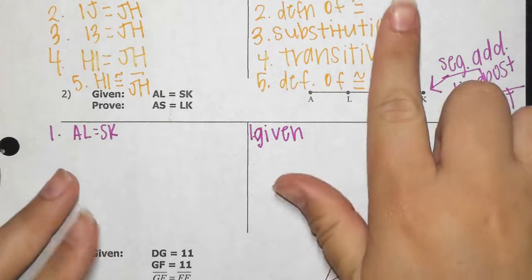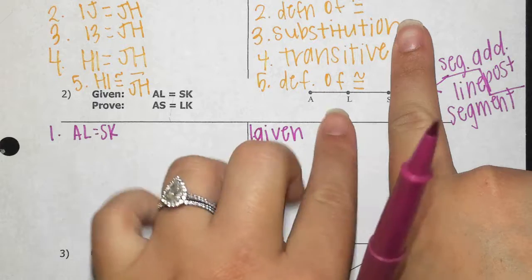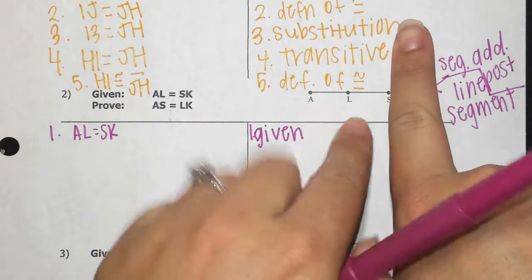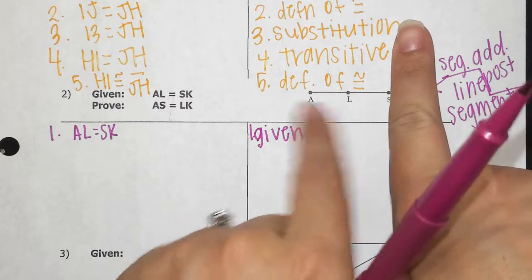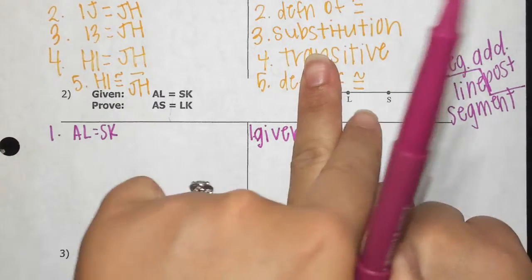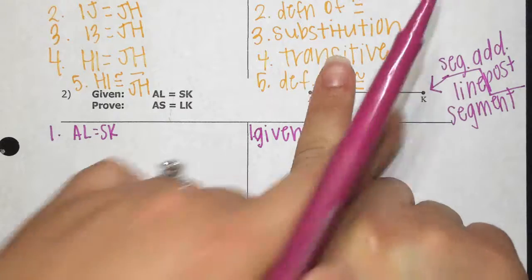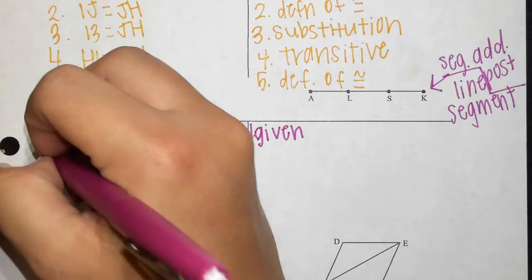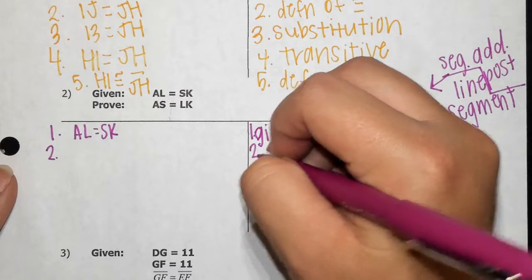However, you can only use segment addition postulate when you have 2 pieces. Like AL plus LS equals AS. Or block this one and use these last 2 pieces. So what we are going to have to do is we're going to have to use segment addition postulate.